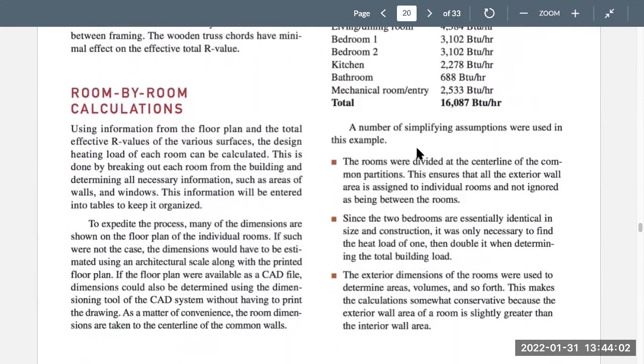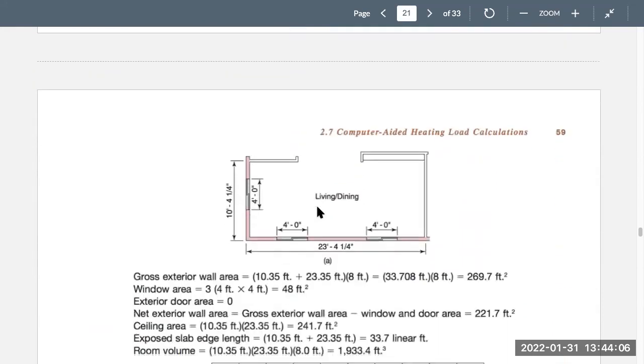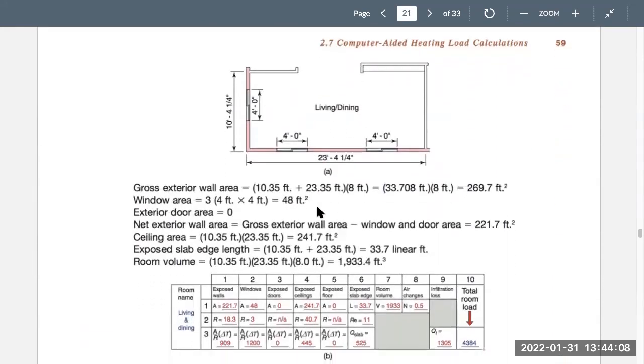And so it says rooms need to be divided by a center line, which we did. And so in their example, you can see where we were typing in our gross wall area, and that this is basically what our thermal calculator was doing. Net exterior wall, you've got to take the gross wall exterior minus the window and door area.